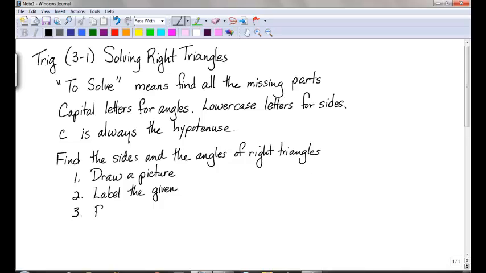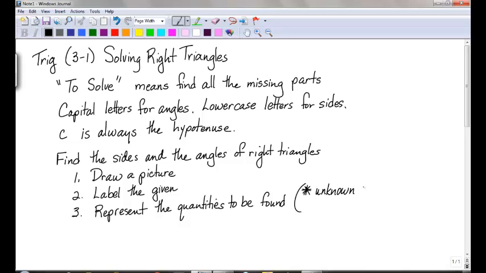The third step, represent the quantities to be found. And my hint on this part, because you can use all 6 trig definitions, you can use the Pythagorean theorem: I always try to put the unknown in the numerator.